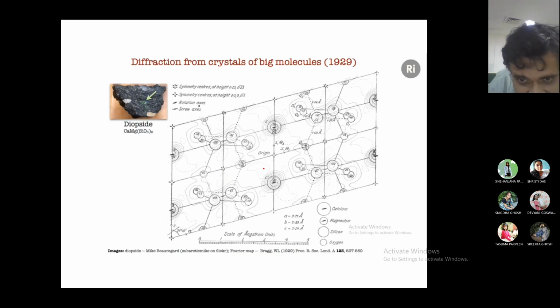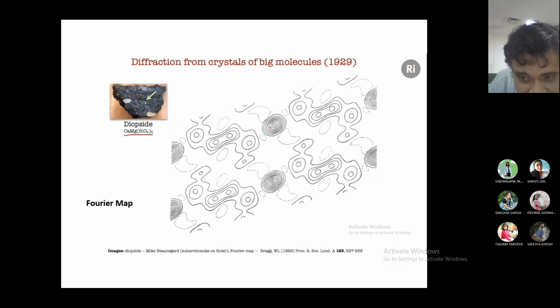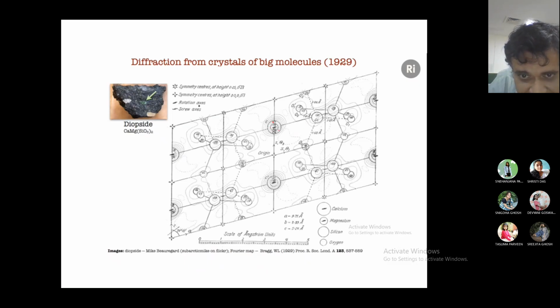So here it is calcium, so it is very dense over there. So they marked it as calcium. Magnesium is which one? These smaller circles. Oh, this is both calcium and magnesium.